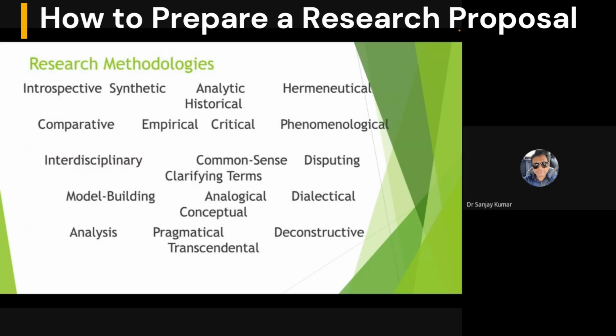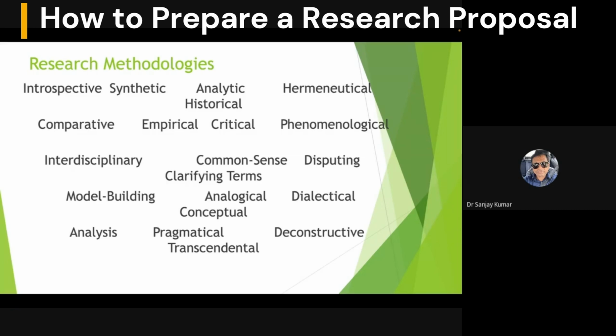Now, Santosh sir has already clarified everything. Just for you to be confident, we have hundreds of research methodologies in philosophy, so do not feel down. Philosophy has a lot of methods, and in fact, philosophy is the mother of methodologies used by other disciplines.